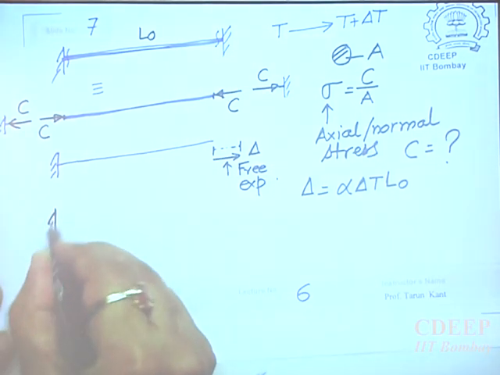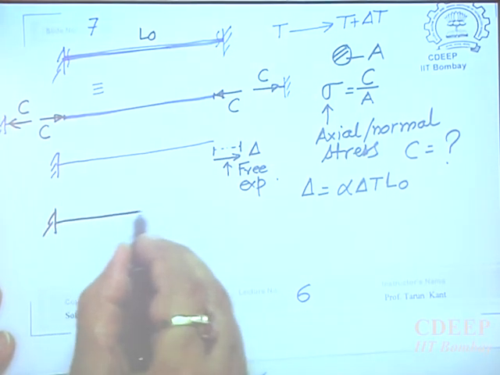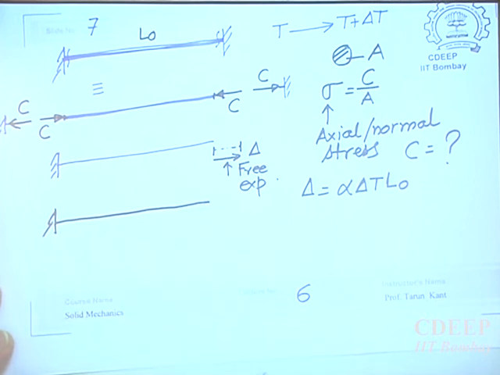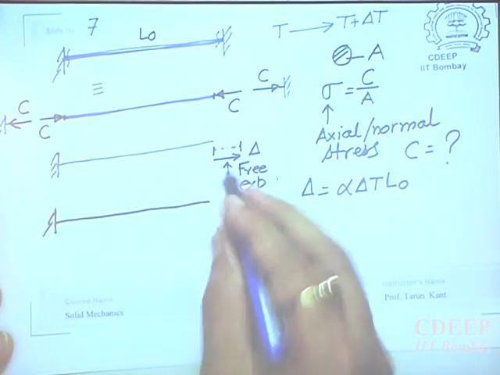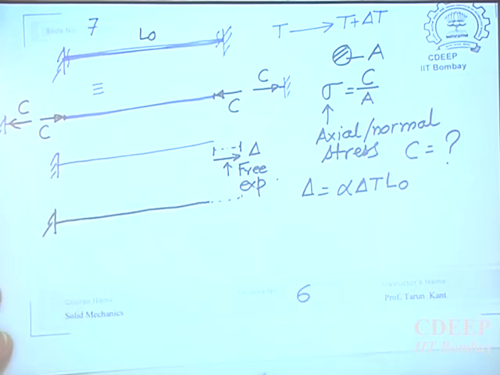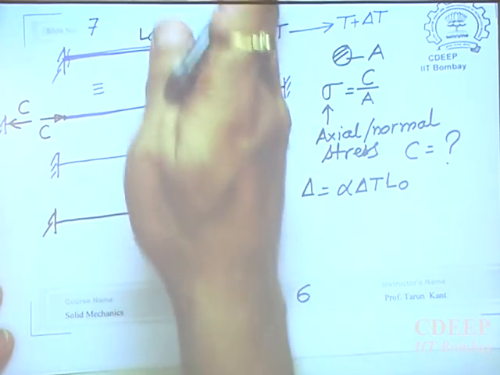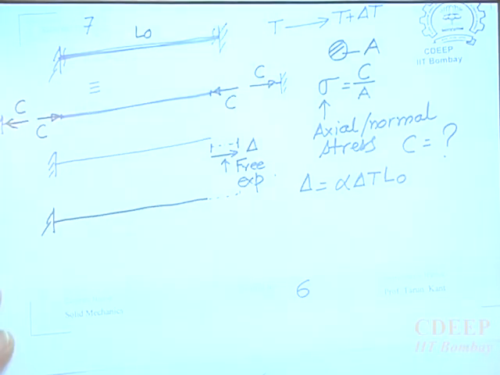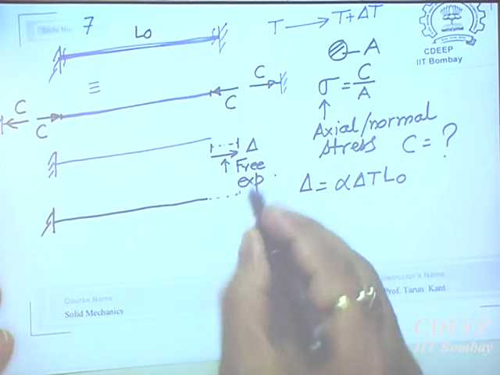Now next problem, that you have the same rod expanded, which has already expanded. I don't want this expansion. Since I do not want this expanded rod, I want to bring it to the original length. Yes or no? Yes. So how will you bring it?